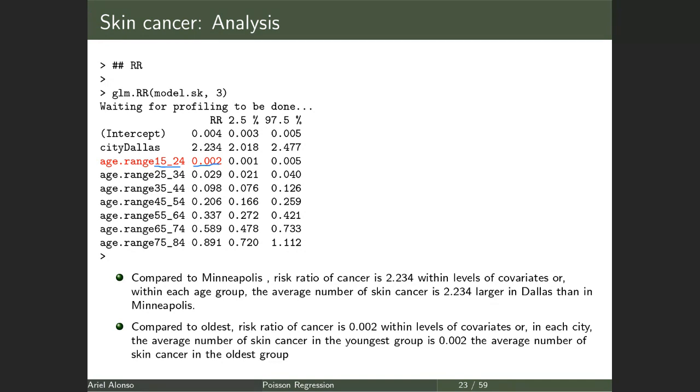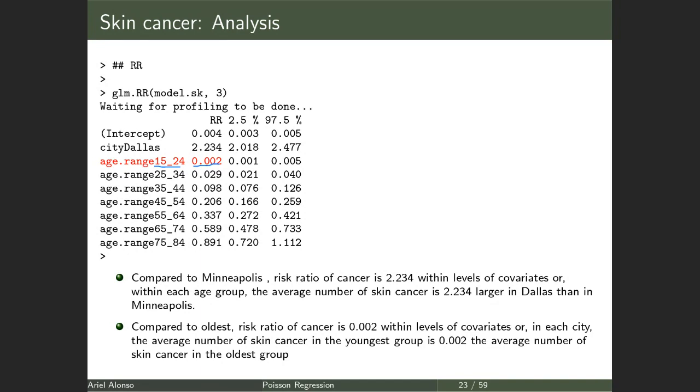If you compare the group between 15 and 24 with the group of 85 plus, the average number of skin cancer in the young group is 0.002 of the average number of skin cancer in the oldest group. Of course, the incidence is a lot lower in the younger group, as one may expect.